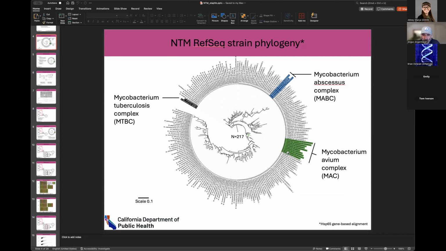But that was found, especially in these more similar complexes, to not have enough discriminatory power. So tlyC adds a little bit more. There's always a trade-off with genes: the more conserved the gene is across all the species, the higher quality it's going to be, but the more diverse it is, the more discriminatory power it has. So tlyC seems to be in an okay spot for that.